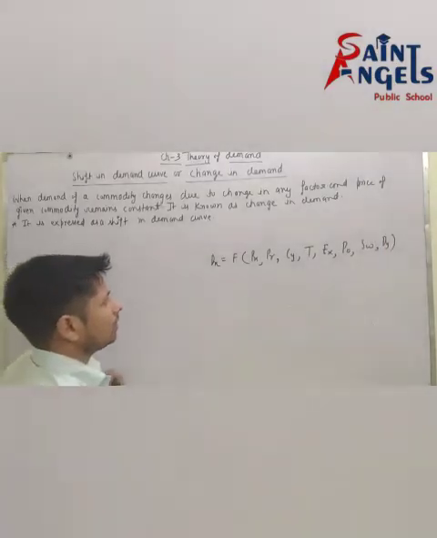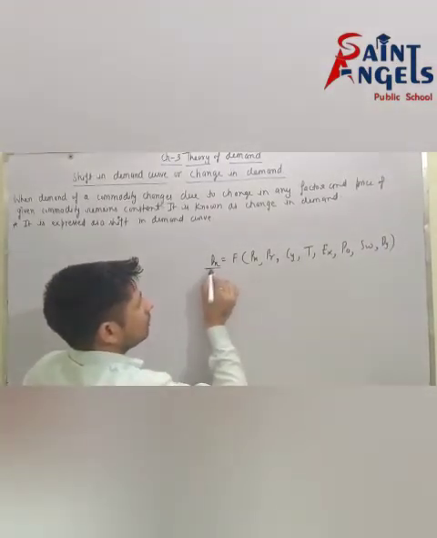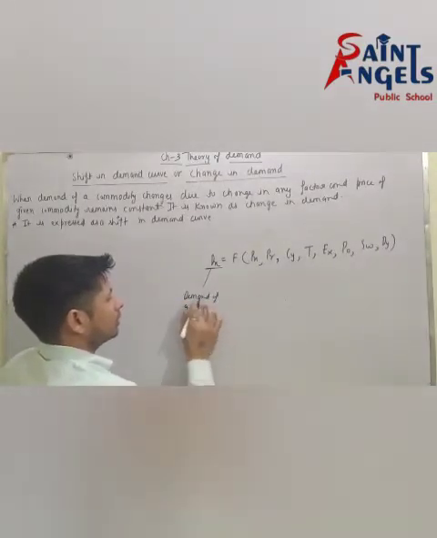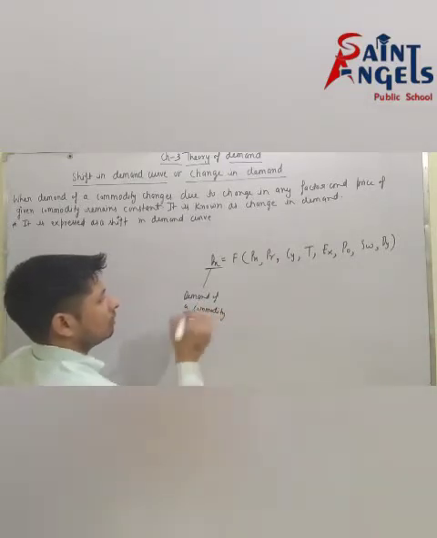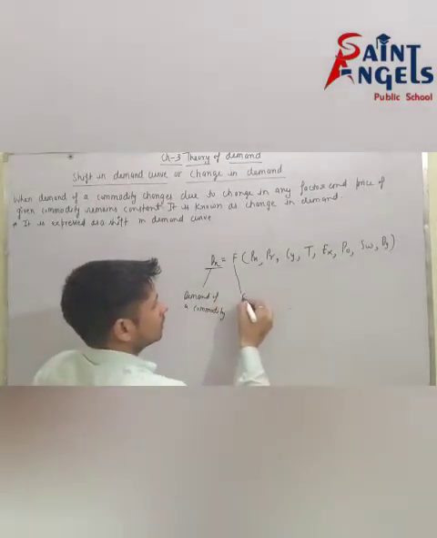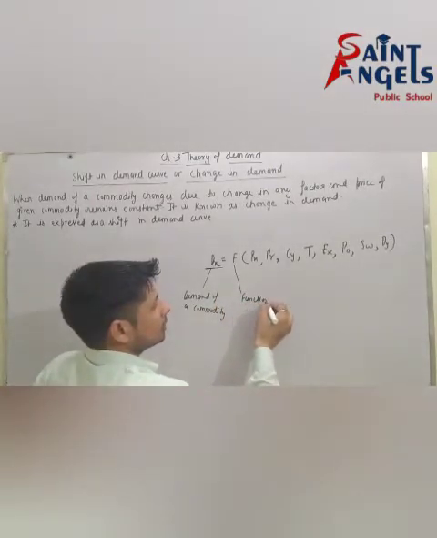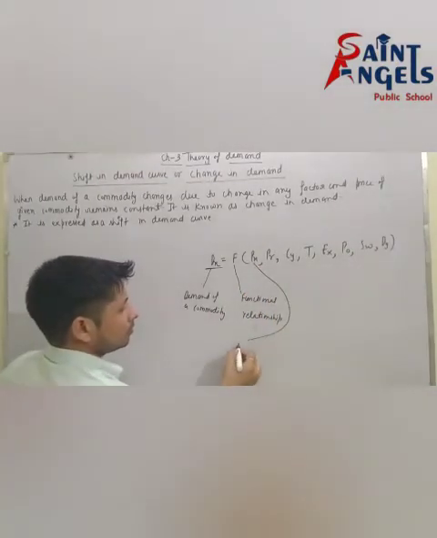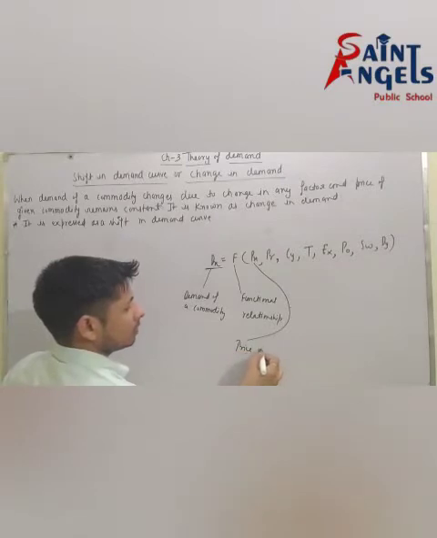Now as you know, this is demand of a commodity. F means functional relationship. And this is the price of given commodity.